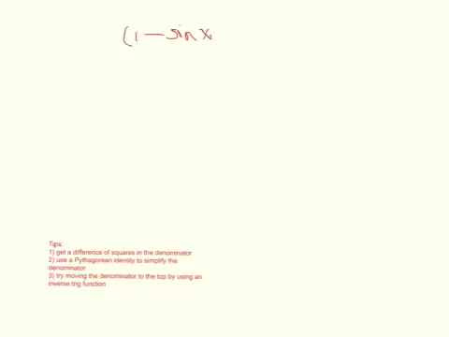Now the important thing to remember is we don't want to change the value of this expression, we just want to rewrite it in a way that makes it look prettier. So I can't just multiply the denominator by 1 minus sine x, I need to multiply both the numerator and the denominator by 1 minus sine x. Because 1 minus sine x over 1 minus sine x is the same thing, right?